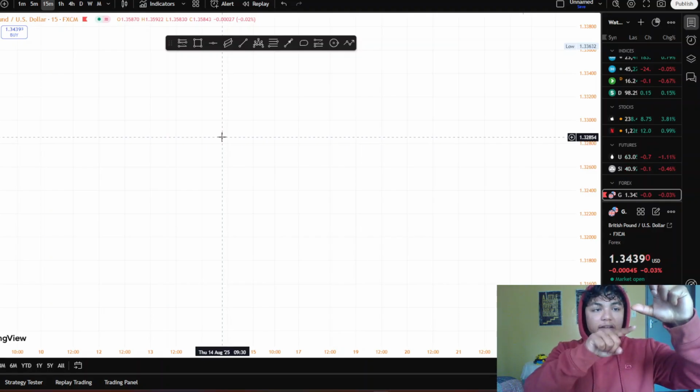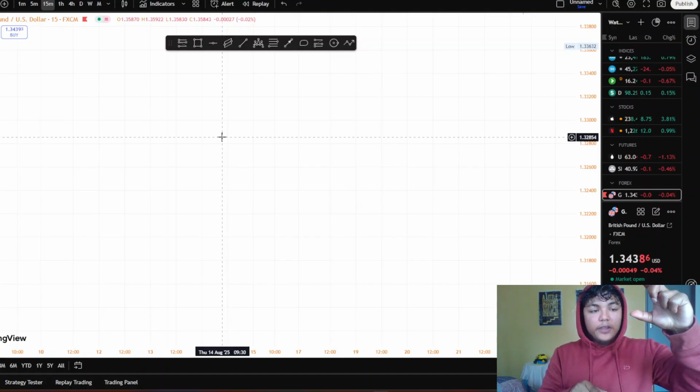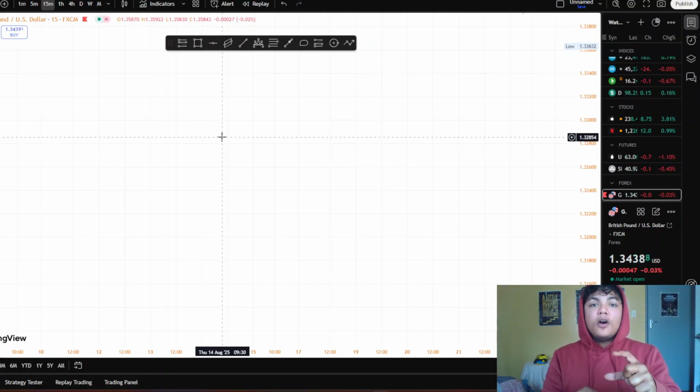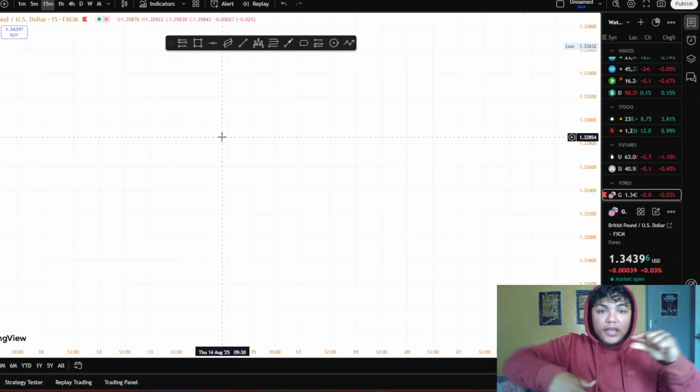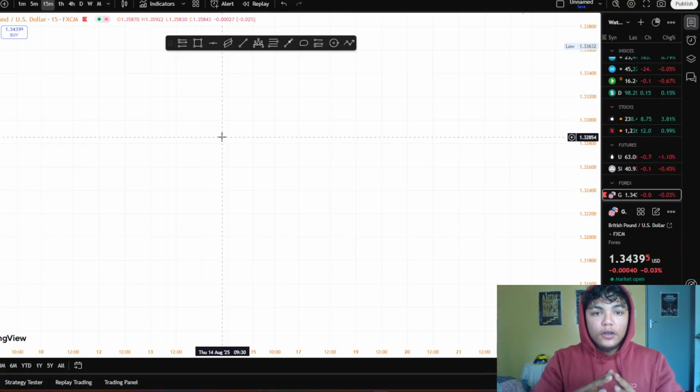So here we have a wick, here we have another wick, and here is completely a gap in the market, and that's an FVG. An order block is a small candlestick with a big push to the upside or a big push to the downside. We are going to look for that in this market and see if the market is going to violate those levels or respect them.